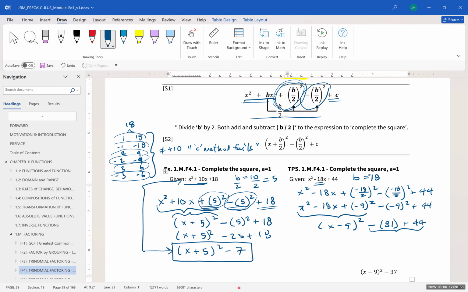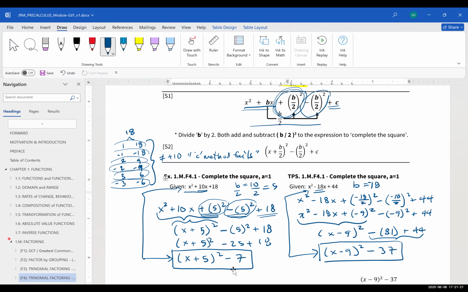And that gives us a negative 37. So this is how you would complete the square for this trinomial, which fails the previous factoring method. All right, let me know if you have any questions.